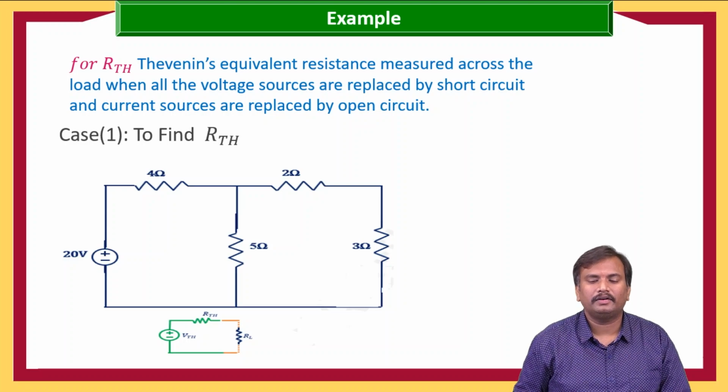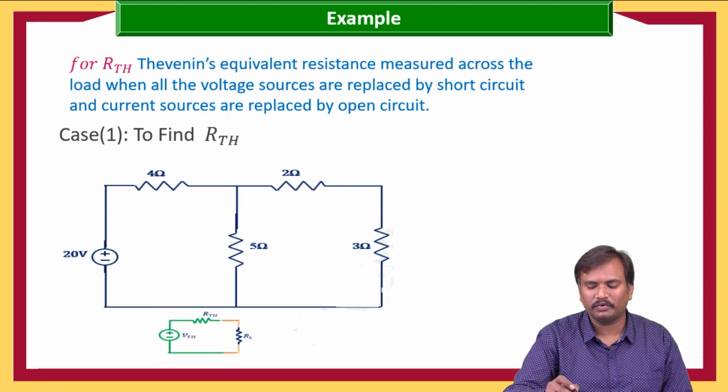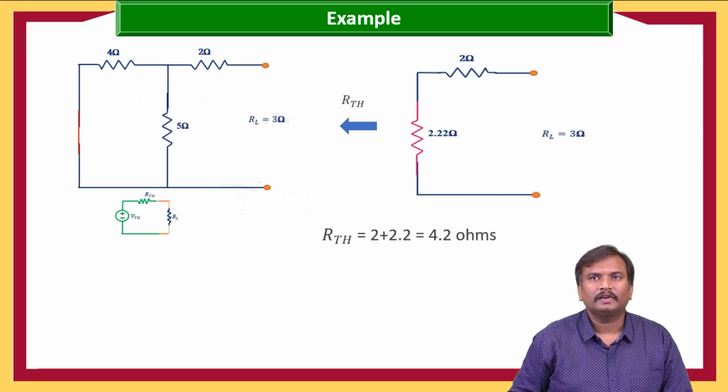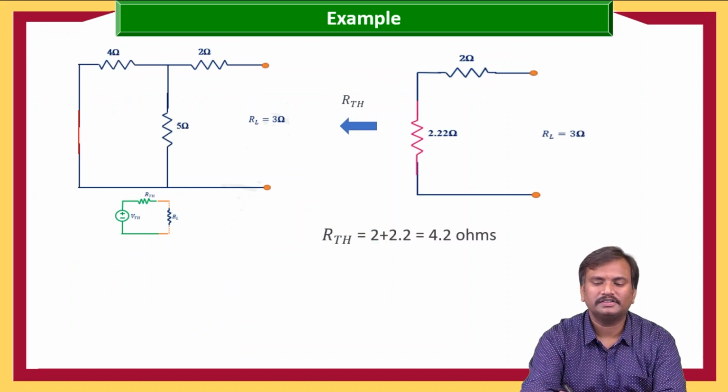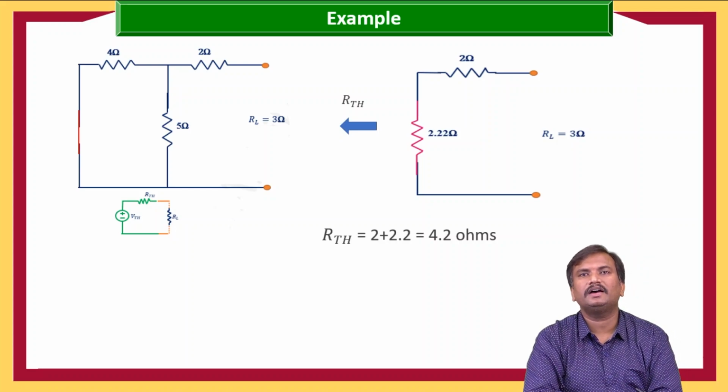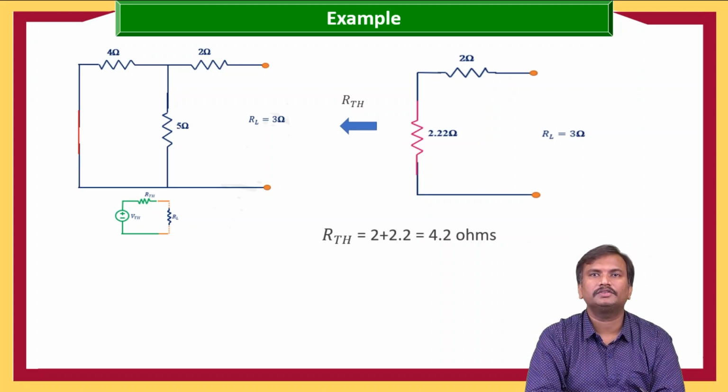Now in order to calculate the RTH, we remove the 3 ohm resistance, and the voltage source is replaced with a short circuit.